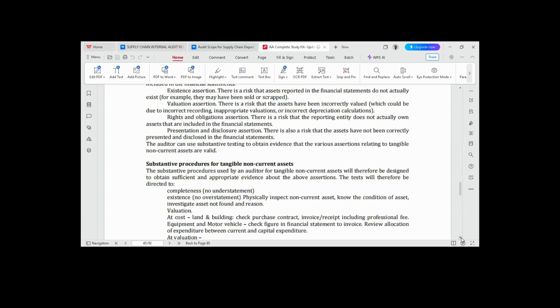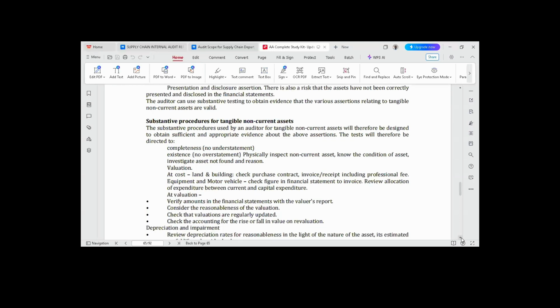The first one is to test completeness, that there is no understatement. They have not undervalued any asset, or existence, that they have not overvalued any asset.